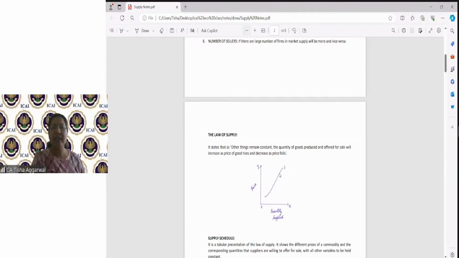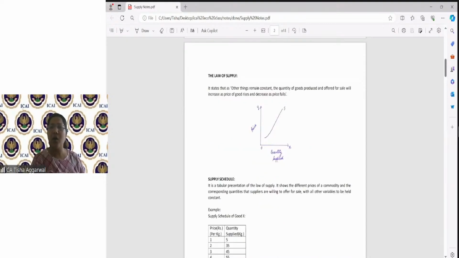Okay. Next, we talk about the law of supply. When I talk about the law of supply, keeping all the factors constant, other things remaining constant, that is also called ceteris paribus. What happens in ceteris paribus? The moment price increases, the quantity supplied also increases.